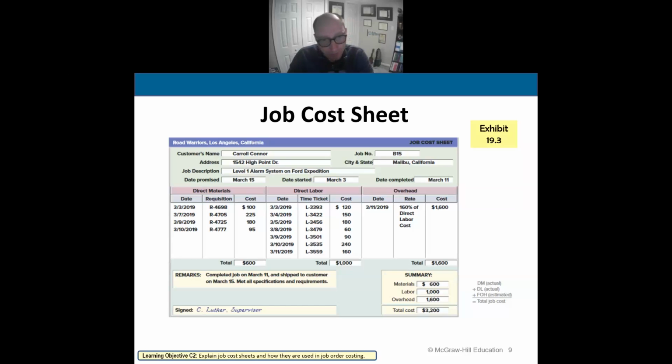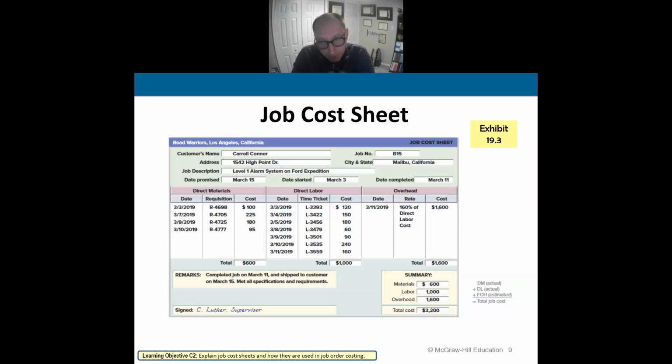For example, some companies might decide, I'm going to charge 160% of direct labor. That's how I figure out my overhead. That's good, but that may not be the most accurate method, right? We call that a single plant wide rate method. Single plant wide rate method is what this example is using. They apply the same percentage to all the jobs using this method.